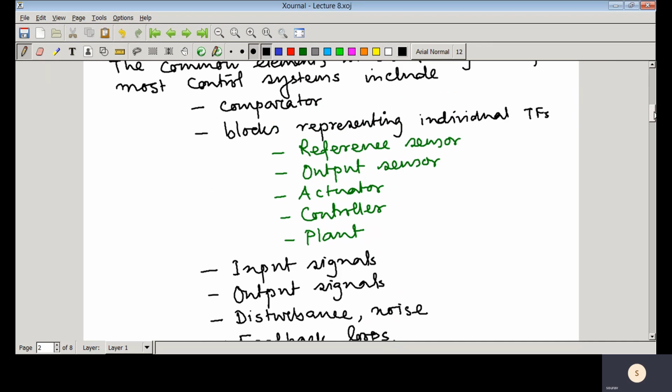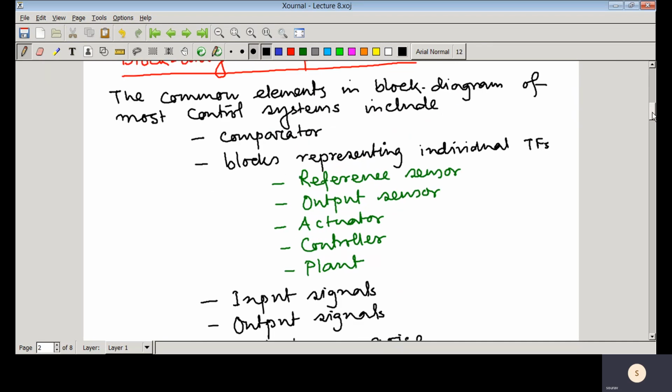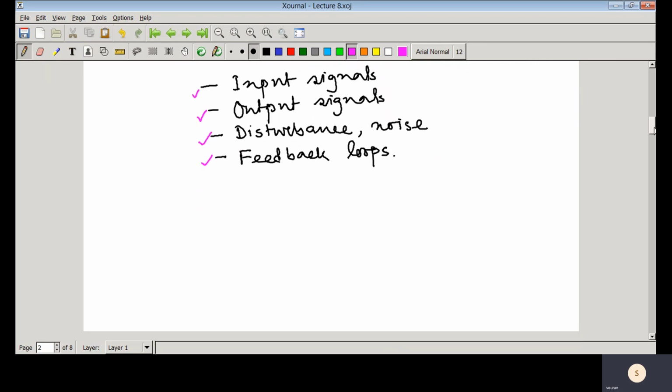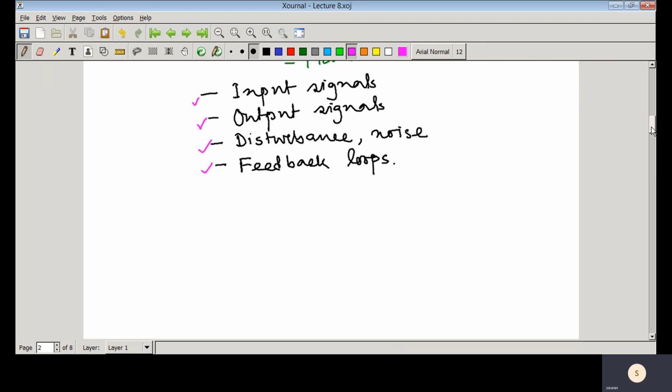So basically in block diagram we have seen it, and now again we are going to draw. So in block diagram, we have comparators and various blocks like reference sensors, output sensor, actuator, controller and plant. And there are many signals like input signals, output signals, disturbance, noise and feedback loops. So let us represent it in block diagram form.